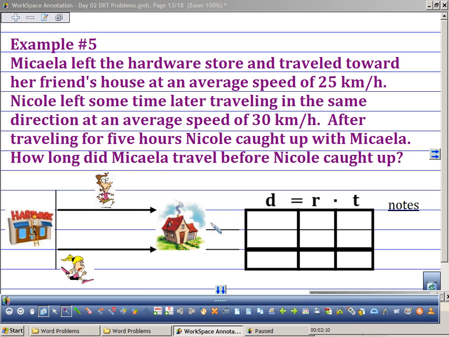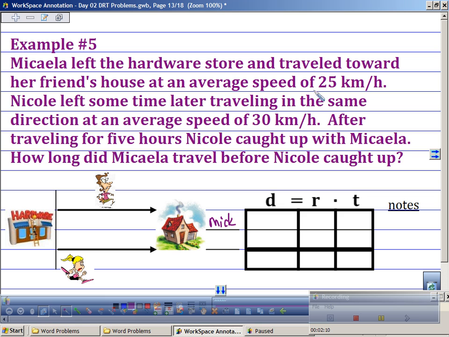Okay, Micaela, let's call her Mick. Micaela left the hardware store and traveled towards her friend's house at an average speed of 25 kilometers per hour. Nicole left sometime later. You guys understand why I'm putting it in my notes, right?